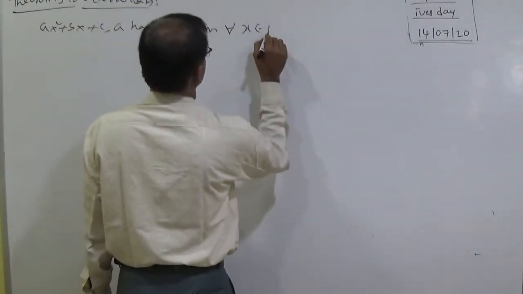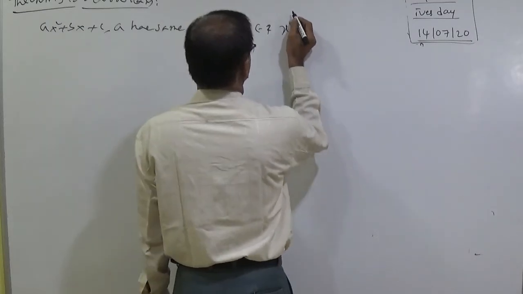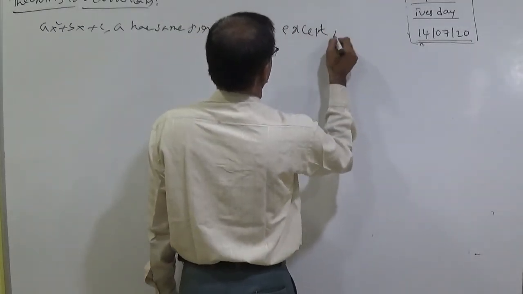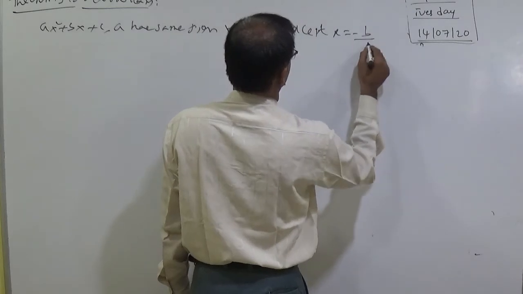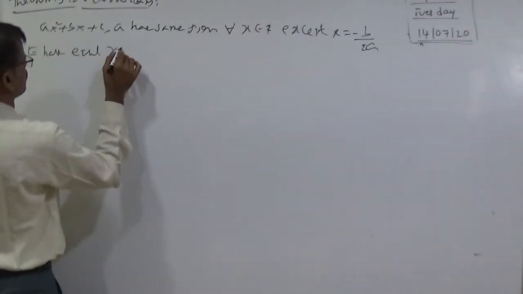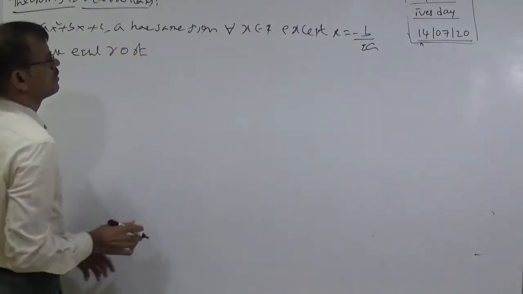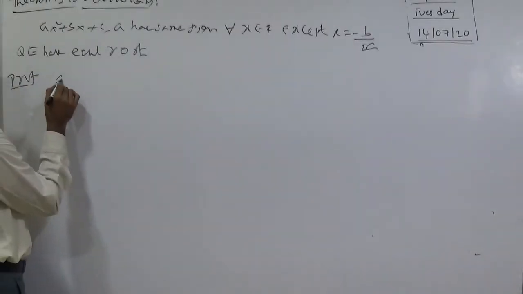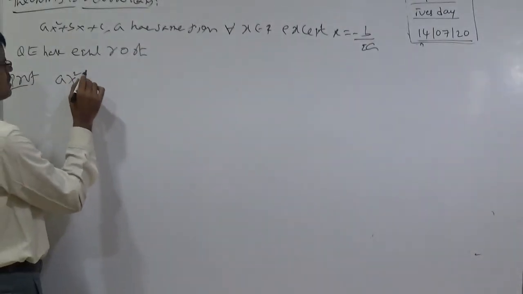For all x belongs to R, except x equal to minus b by 2a, if the quadratic equation has equal roots. This is the concept. A simple proof depends upon the previous concept.